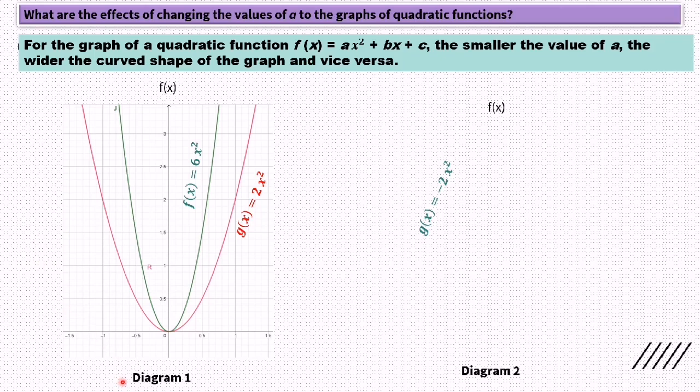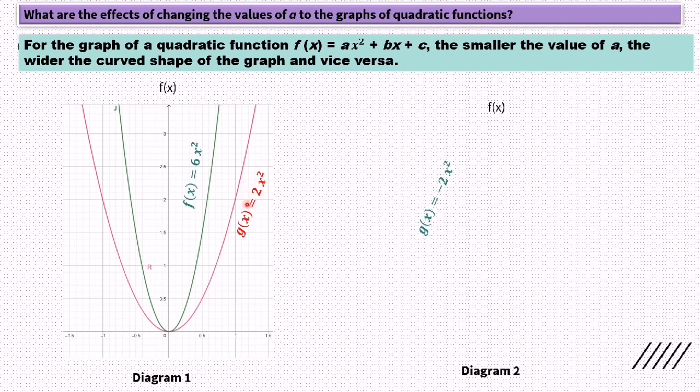To know further, let us look at diagram 1. f(x) equals 6x squared and g(x) equals 2x squared. The value of a is positive, so the graph looks like a smiling face. The value of a of f(x) is 6 and the value of a of function g(x) is 2.